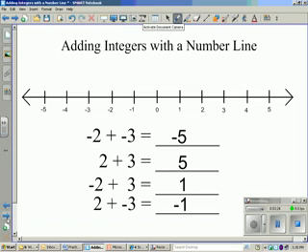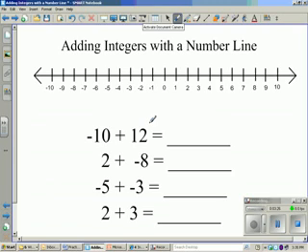Now these numbers are kind of low, so let's try a few with some higher numbers. All right, this is -10 plus 12. So I'm going to start at 0 and turn left because it's a -10. So I start at 0 and I go to the left. 1, 2, 3, 4, 5, 6, 7, 8, 9, 10. Now my next move will be to the right.